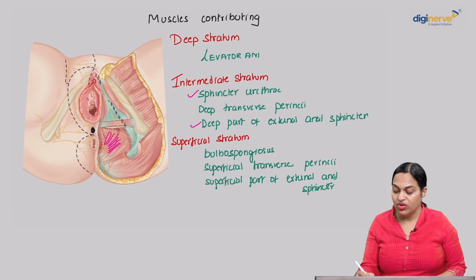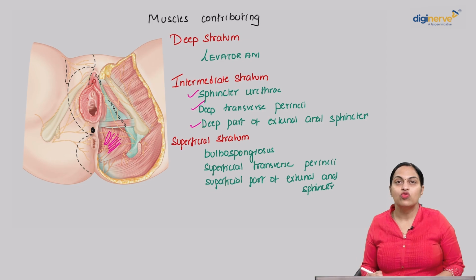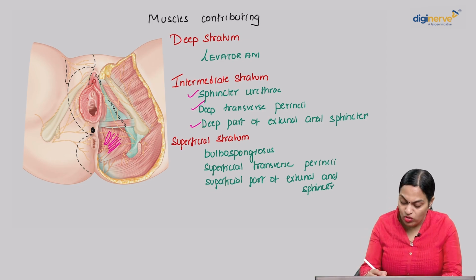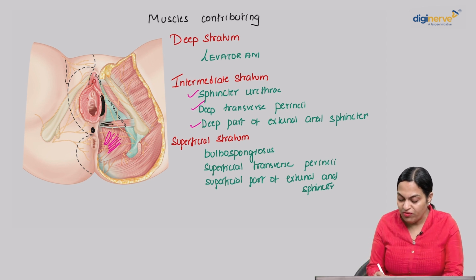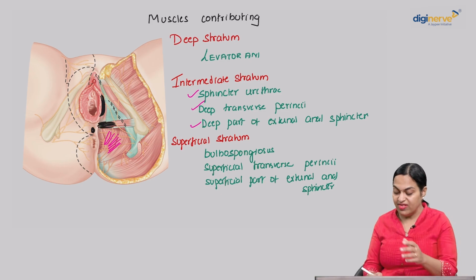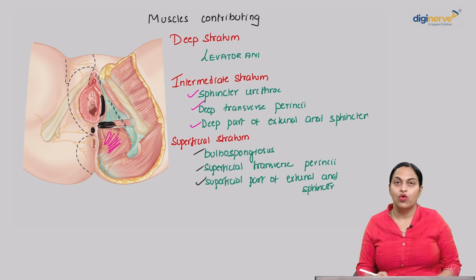The sphincter urethrae and deep transverse perineum. And in the superficial stratum, what are the muscles in the superficial perineal pouch? Over here will be the bulbospongiosus, and this is the superficial transverse perineum, right? And yes, the superficial part of the external anal sphincter.